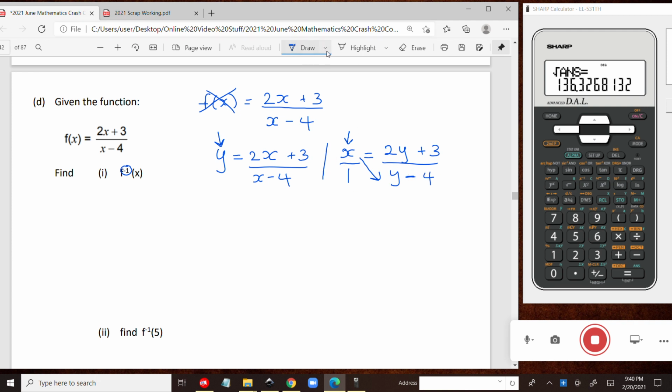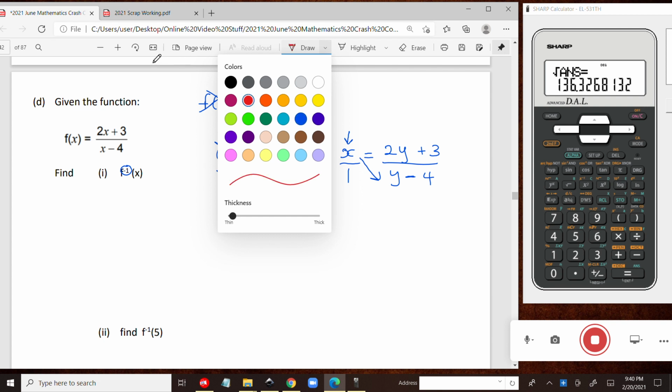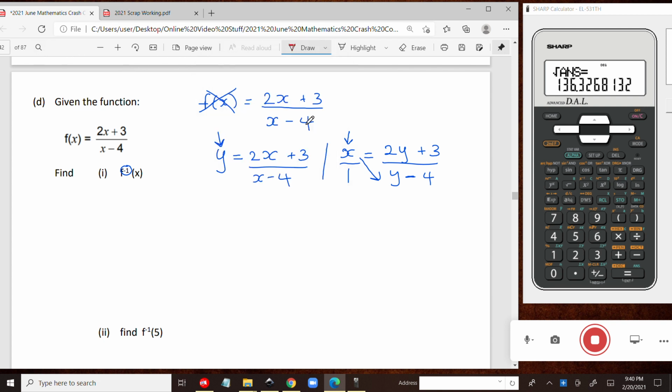Let me just change the color so the working looks different. All right. So I'm going to multiply everything here by x. I'm going to do the working here. So you have (y - 4), and we just said we're multiplying everything by x, so I put it in brackets to symbolize the whole thing is getting multiplied by x. And then 2y plus 3 multiplied by 1.